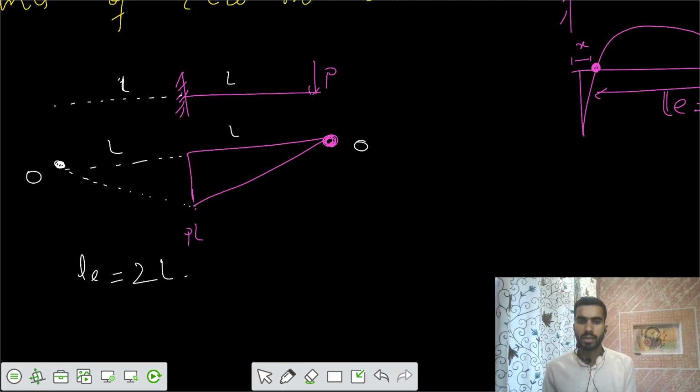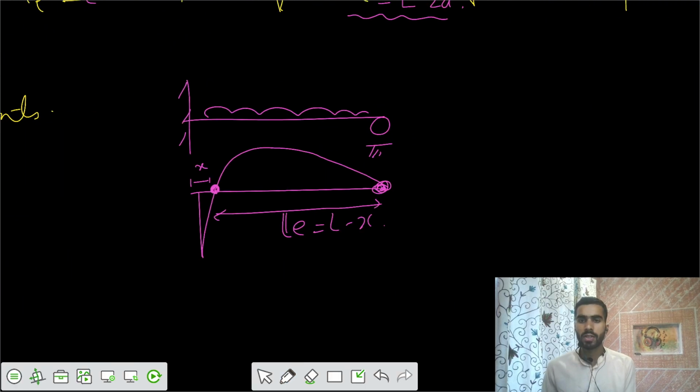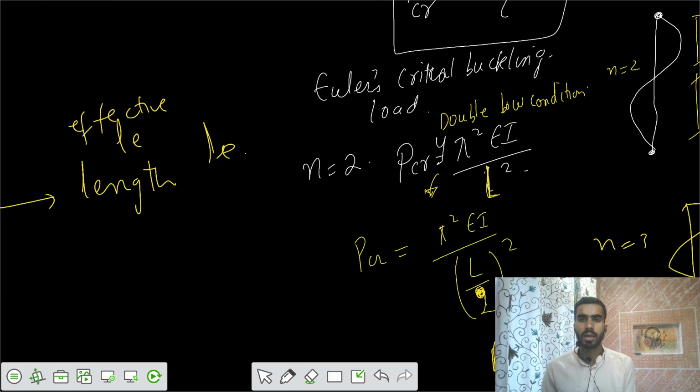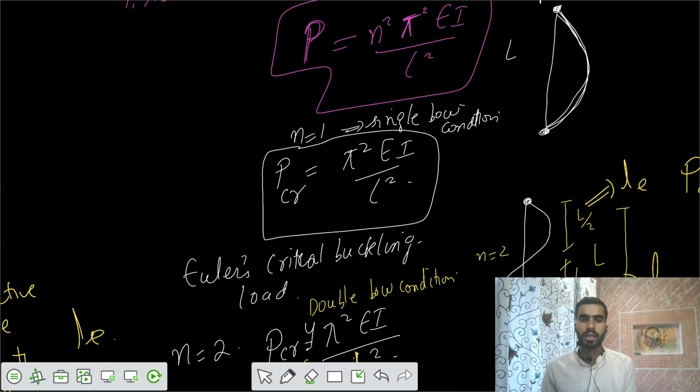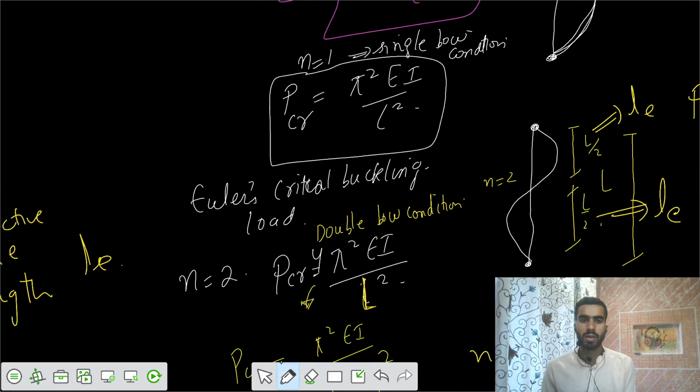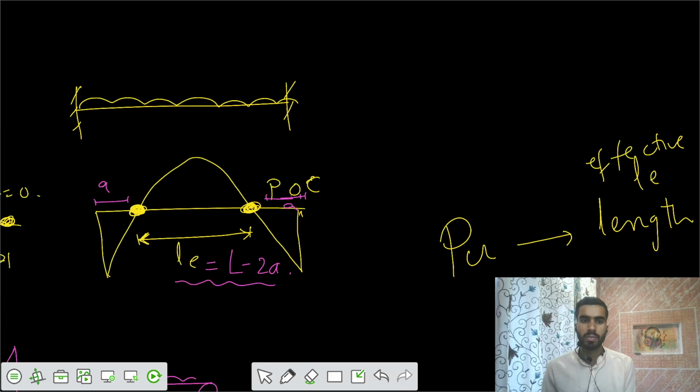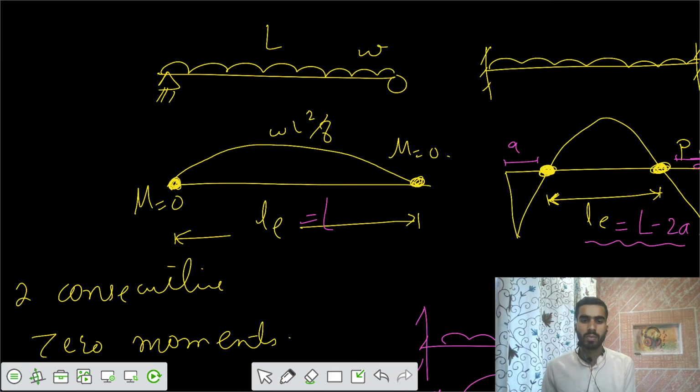So we have these different conditions, and for the first condition we have Euler's critical buckling theory that was proved for the condition of both ends hinged. We saw that if there is a simply supported beam with simple support, that is both ends hinged or pinned, the effective length was equal to L, because your bending moment diagram is showing that moment is 0 at the ends.